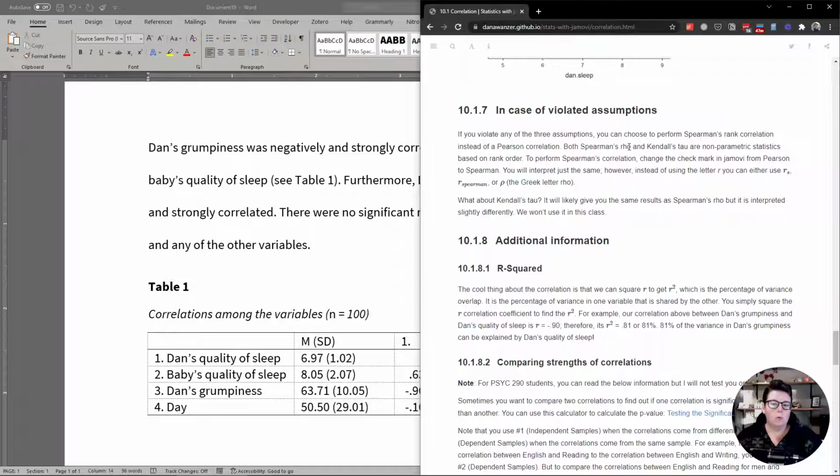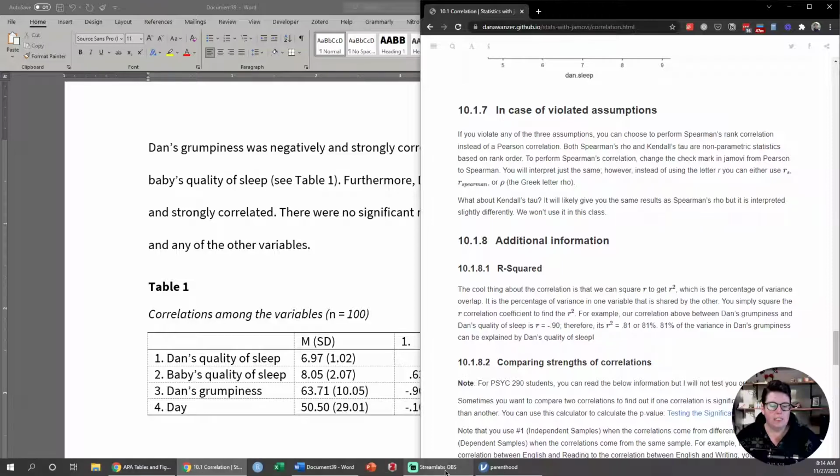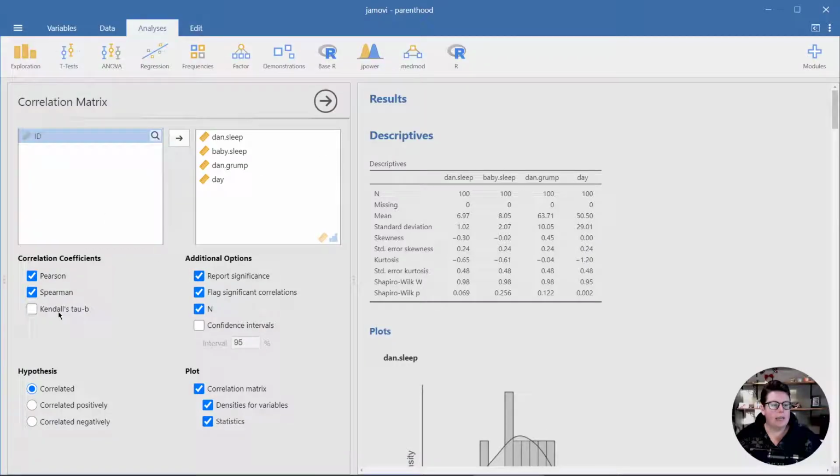Both Spearman's rho, the little Greek letter rho, and Kendall's tau are non-parametric statistics. They do things on a rank order instead of on the means and stuff. So you can do this really easily in Jamovi by just adding Spearman's and Kendall's tau-b. We'll go back down.